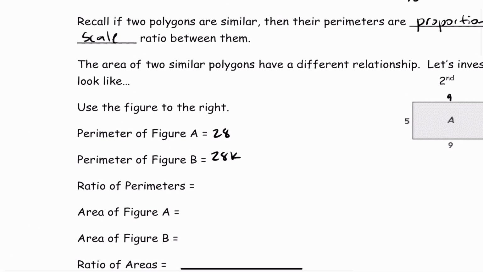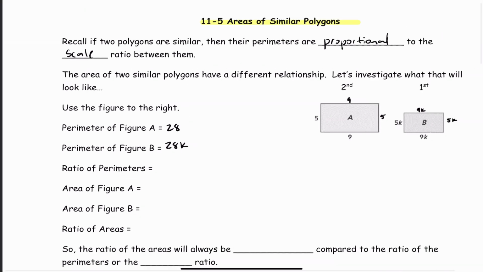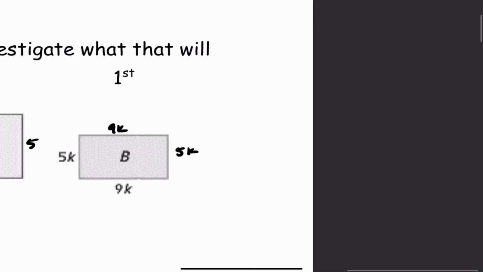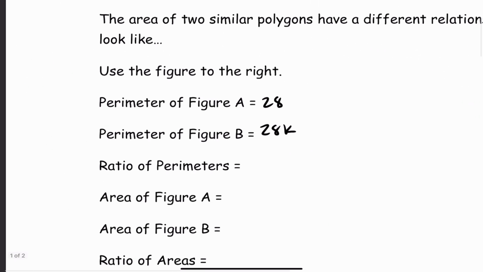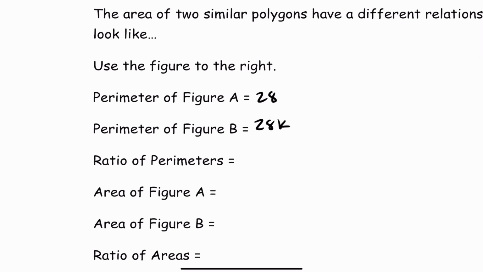So we're going to find the ratio of perimeters, going from the first figure to the second figure. In other words, we're going to write our ratio as B to A. So it's 28K, the perimeter of figure B, over the perimeter of figure A, which is 28.